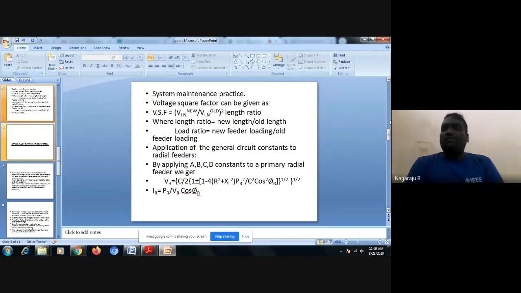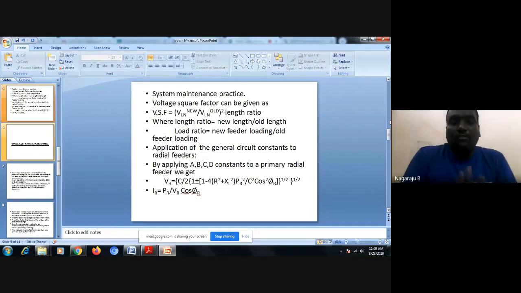It is also defined as the multiplication of the length ratio and the load ratio. Load ratio is nothing but the new feeder loading to the old feeder loading, and length ratio is the new length to the old length.